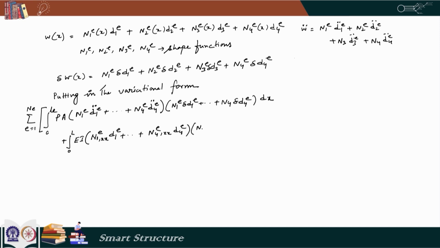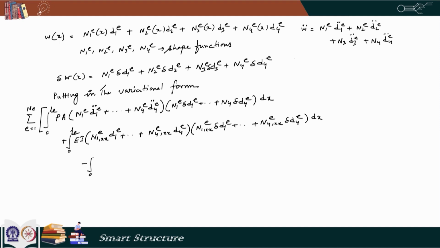Similarly, here I have N1 comma xx multiplied by the variation of d1, and all the way up to N4 comma xx multiplied by the variation of d4, dx. This integral is from 0 to Le.